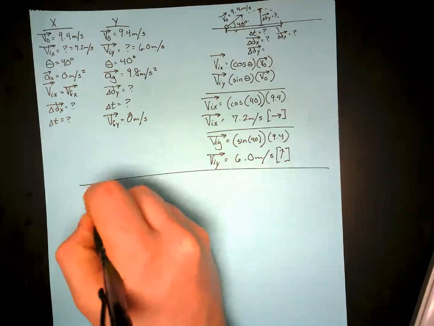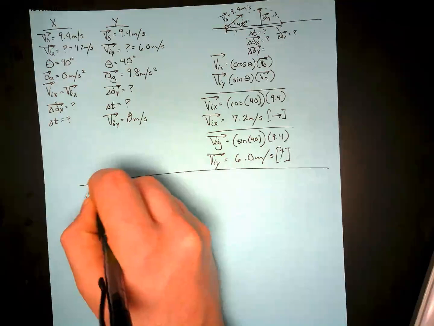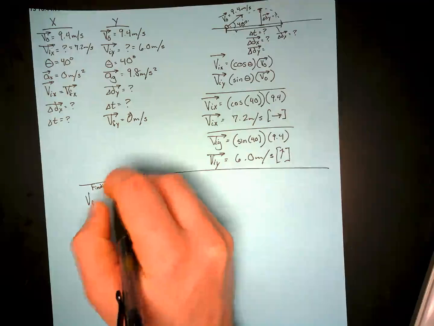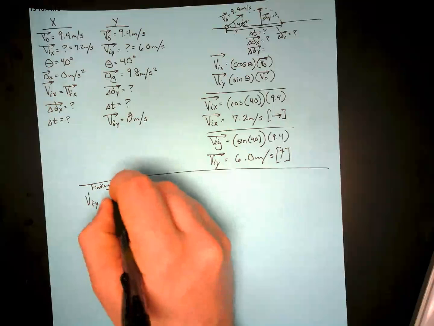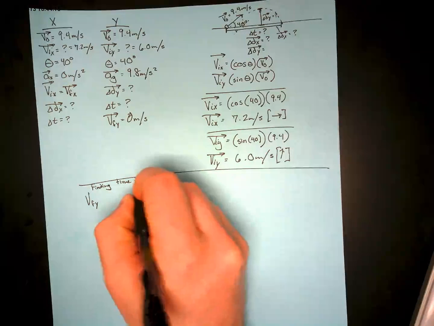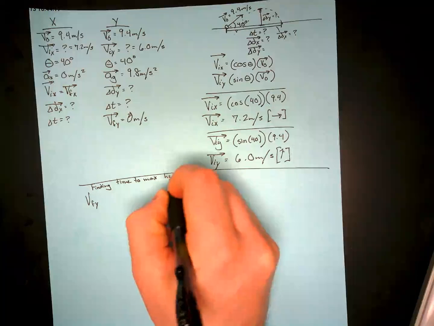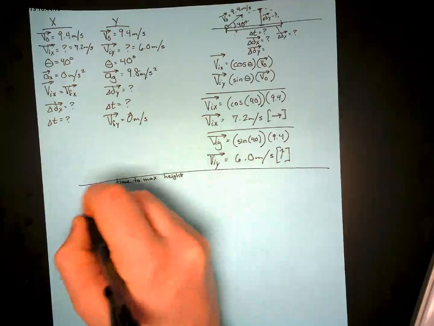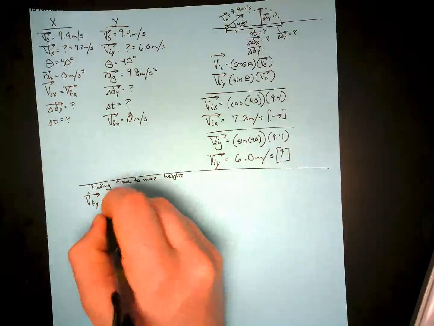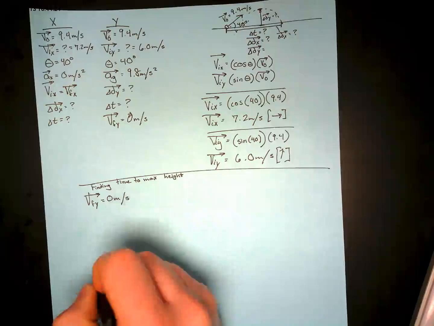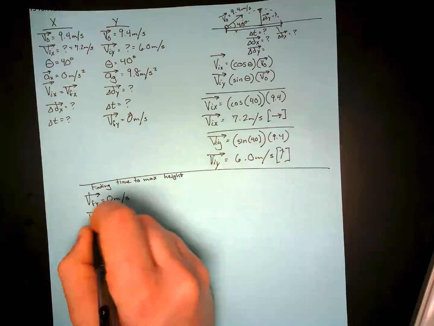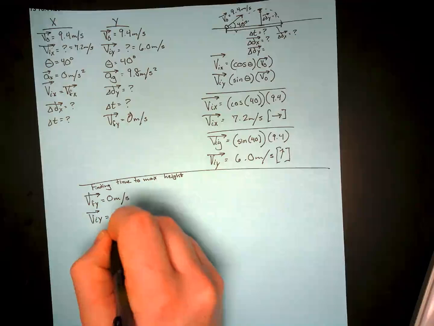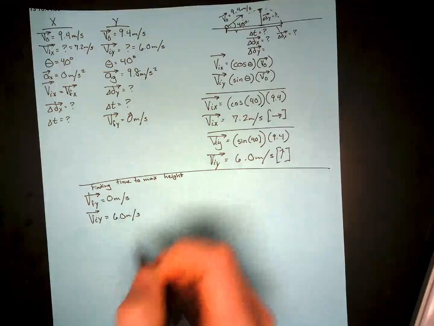Finding the time to max height, we know that our final is going to be 0 and our initial is going to be 6.